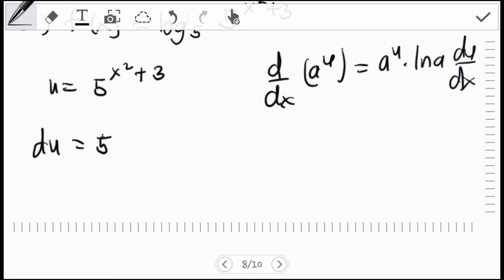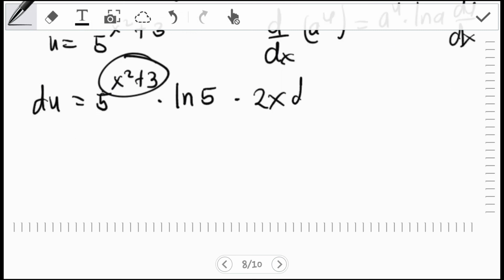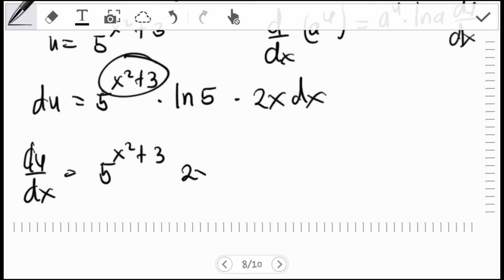So 5 to the power x squared plus 3, then ln 5, times du over dx, which is the derivative of x squared plus 3, that is 2x. So du over dx is equal to 5 to the power x squared plus 3, then 2x ln 5.